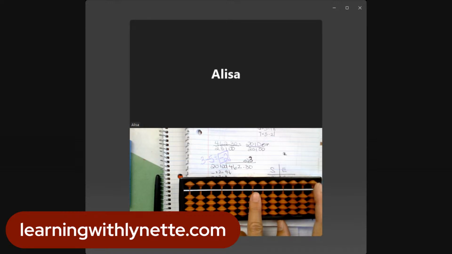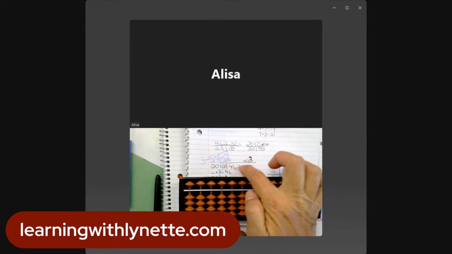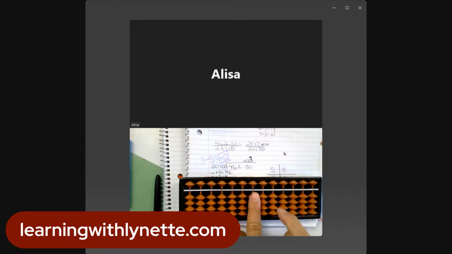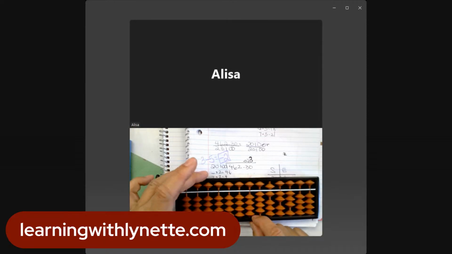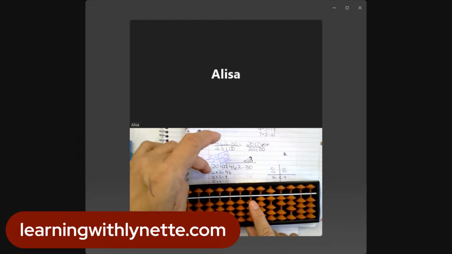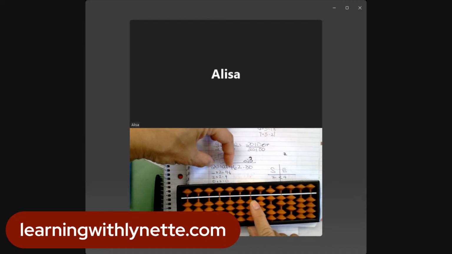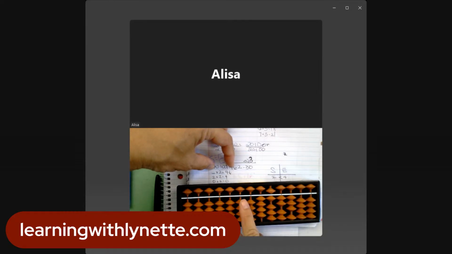Why do I need to do this? Because I want to put my divisor on the abacus: 4, 6, 2, 3. Now I have to set it up. 2 times what is equal to 4? Because I'm over here and the 4 is bigger, I need to skip this column.